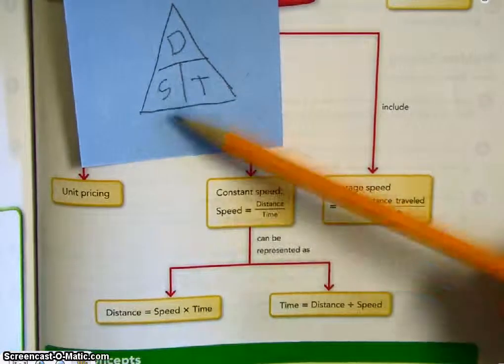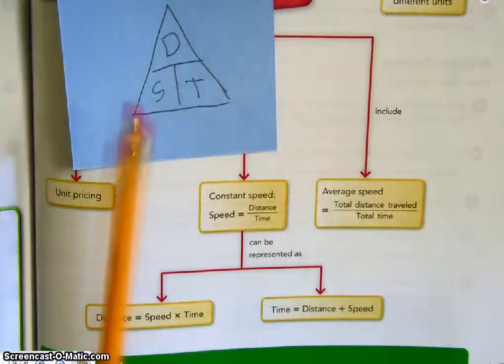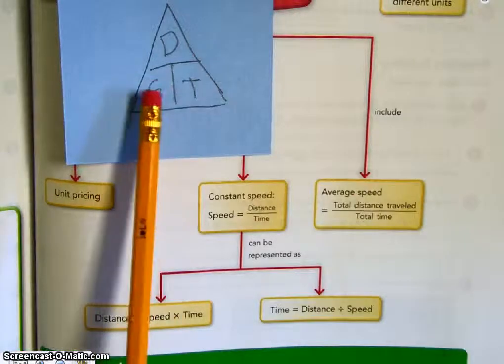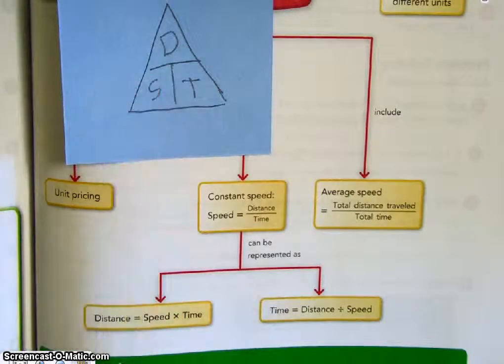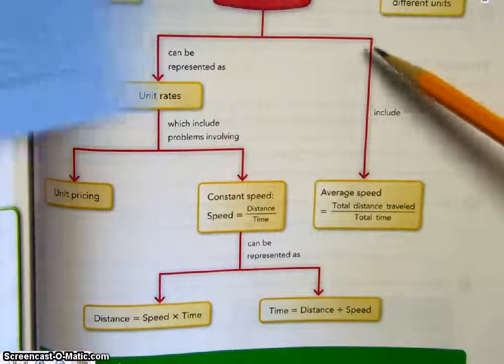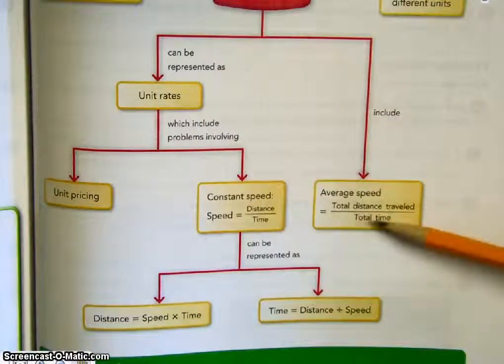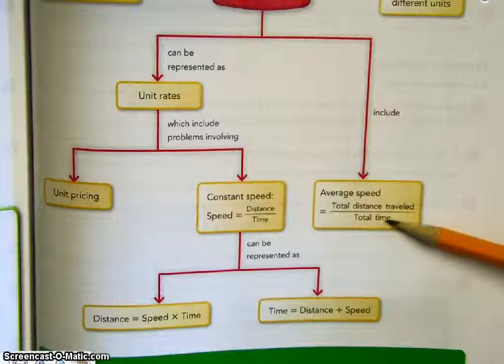So speed equals distance over time. They're asking us the speed, so I'd cover up my speed, and it says distance divided by time. And remember, we also had a video about average speed. Average speed is the total distance traveled divided by the total time.